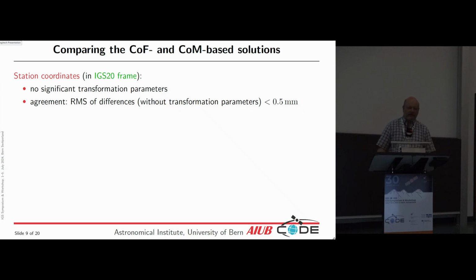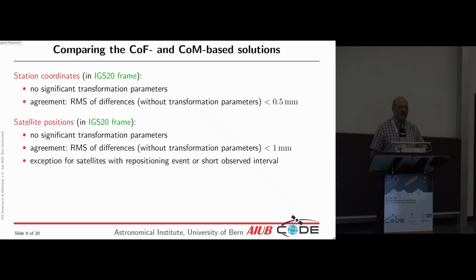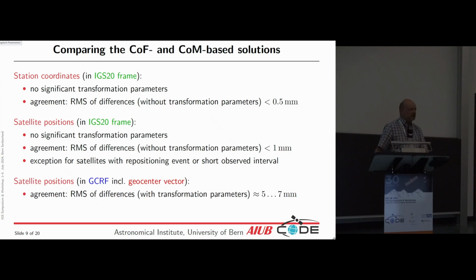So now when we compare the 2 obtained station coordinates, they differ by less than half a millimeter, because from the datum definition both are forced into the IGS20. And surprisingly, the satellite positions are also identical when we transform them back.